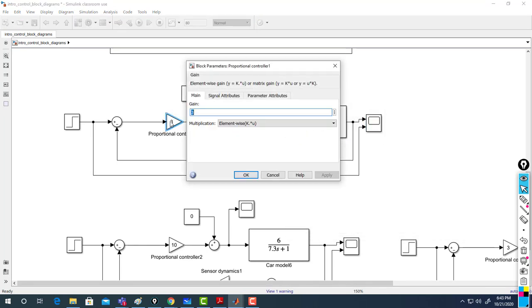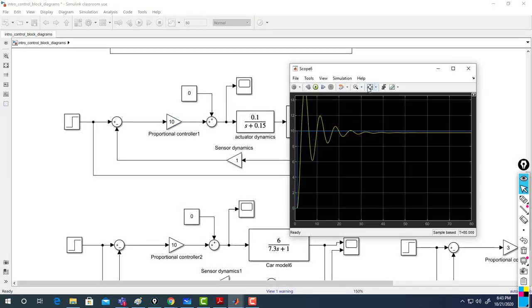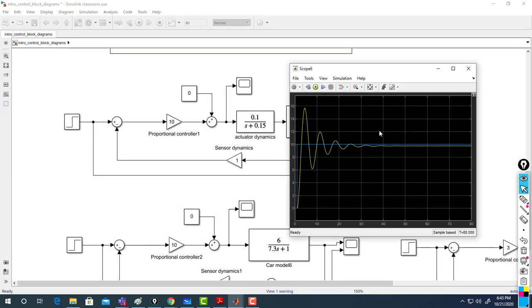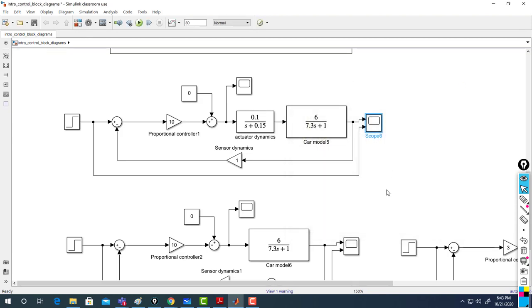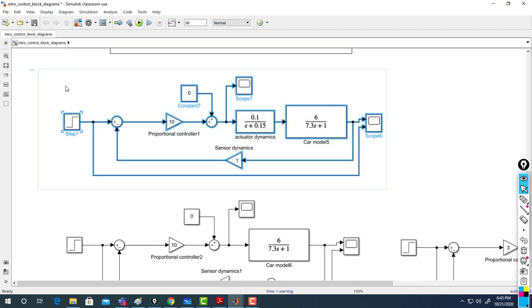What if I take it to 10? You see, it increases the oscillation. Is it clear, or do you want me to show you the two plots at the same time so you could see it better? Yeah? I think it's clear, doctor. It's clear? No need to show it then.